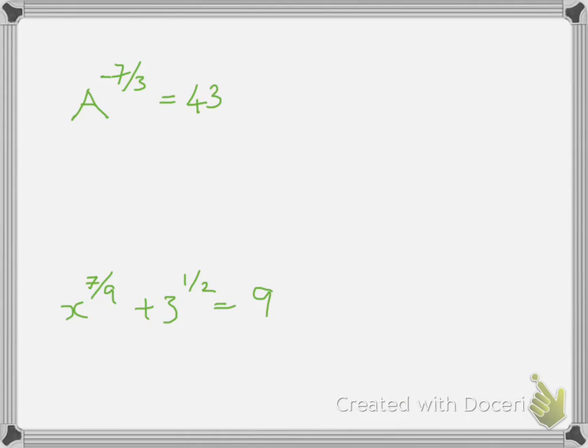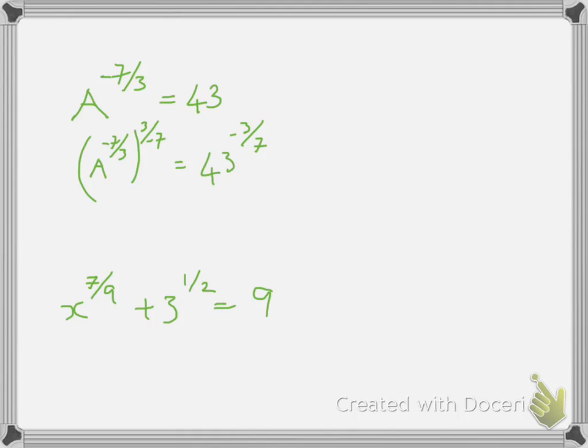Here's two more examples, both from the same exercise. Just because there's a negative, this is negative 7/3, you would still just multiply it by 3/-7, equals 43 to the negative 3/7.